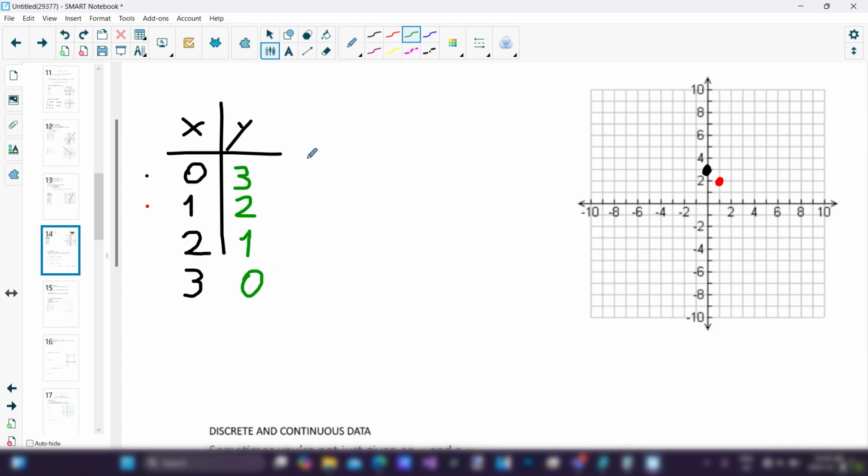There's that constant change. So 2 comma 1 sits there, it fits in, it's creating that straight line. And 3 comma 0 sits there. I am happy. Those 4 dots look like they are in a straight line.